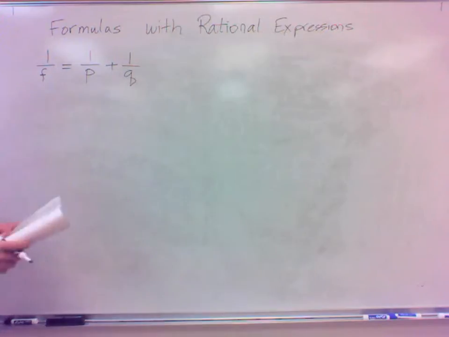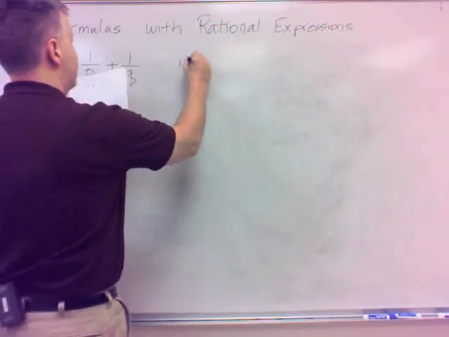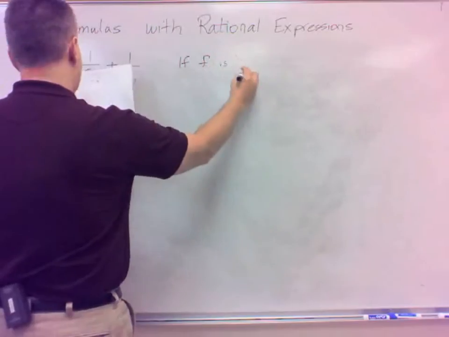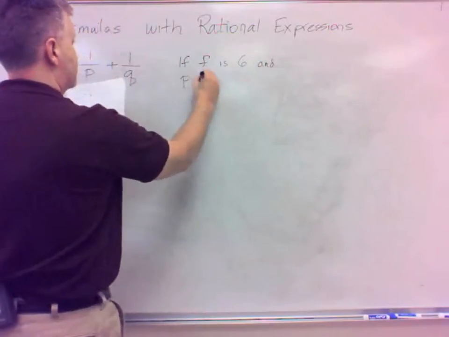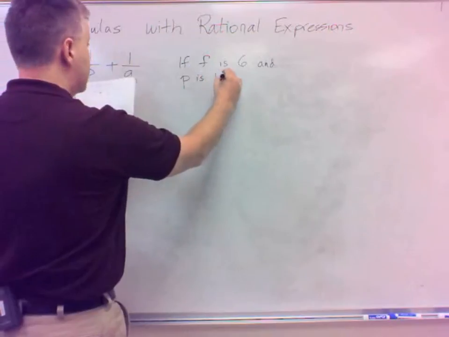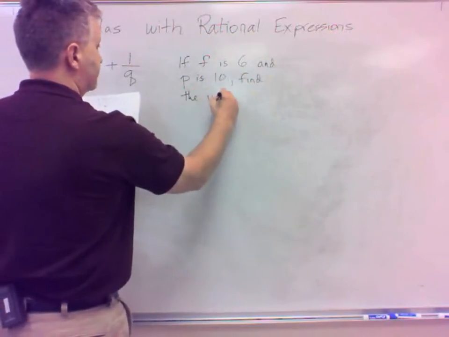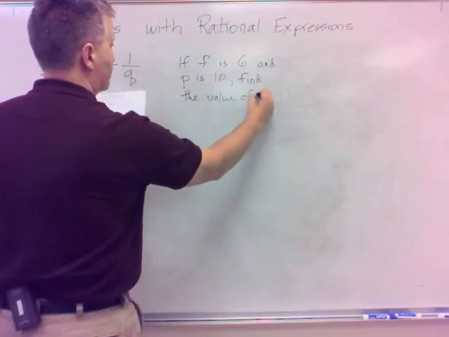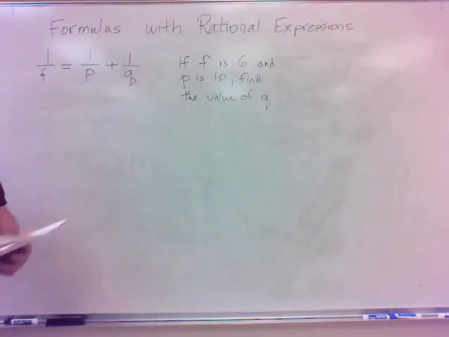Now, the first thing I would show you is this. Let's say we know two of the quantities. If f is, say, 6, and p, let's say it is 10, let's find the value of q. F is 6 and p is 10.